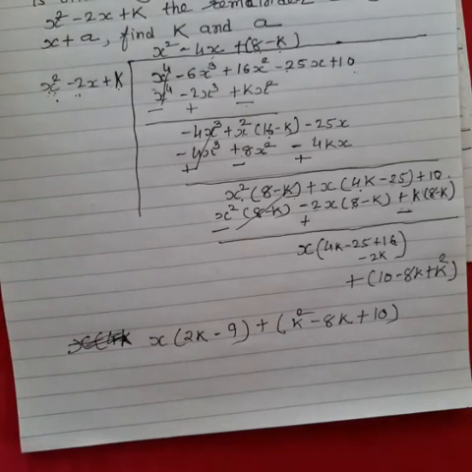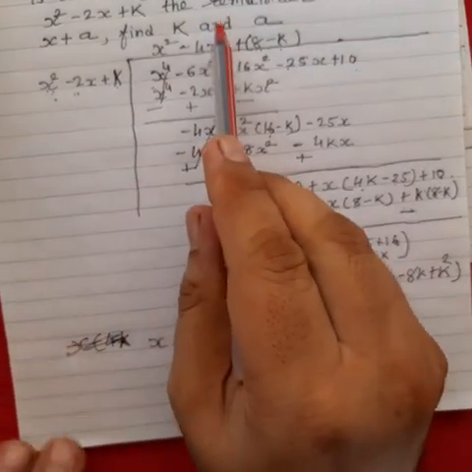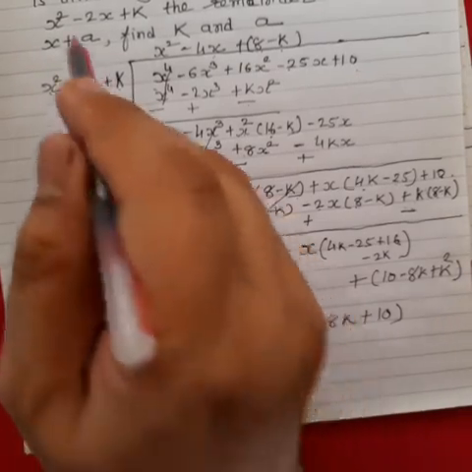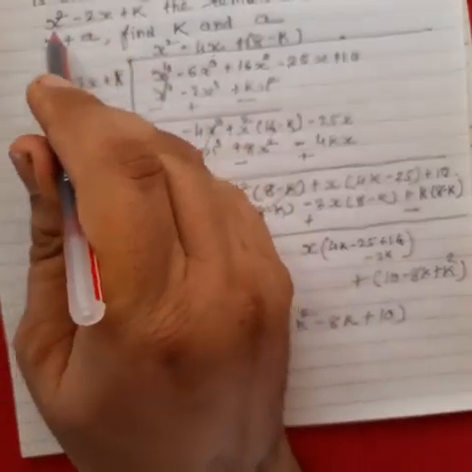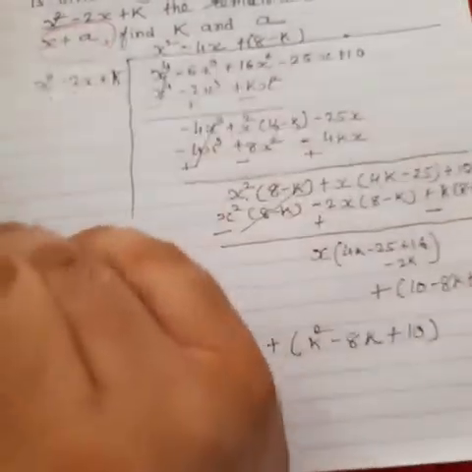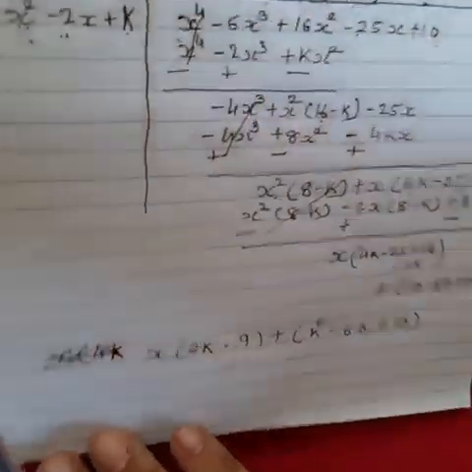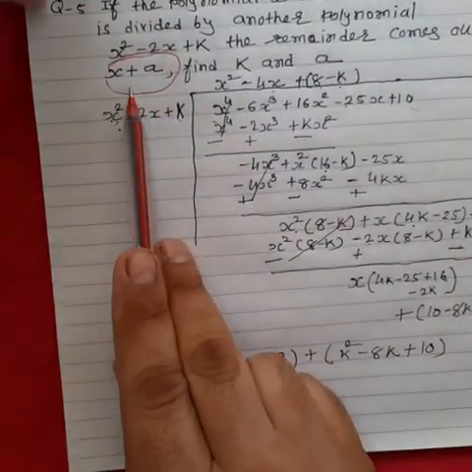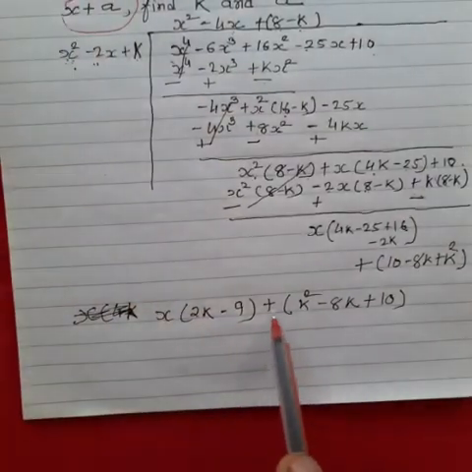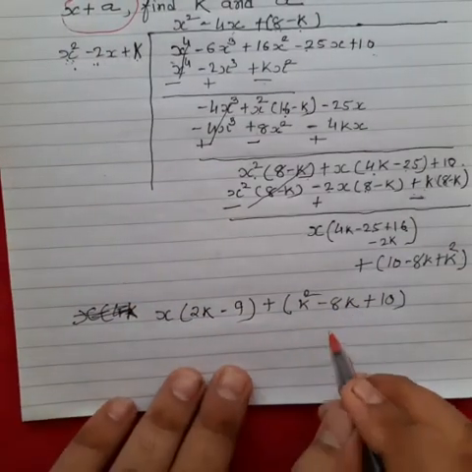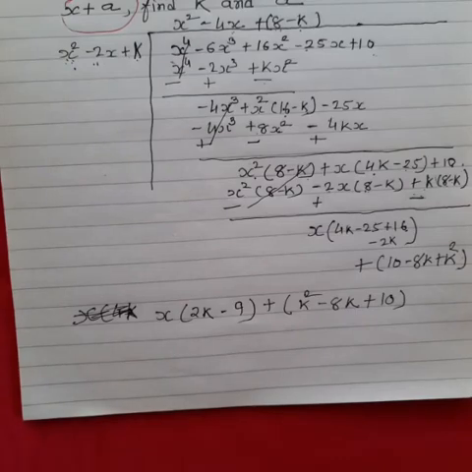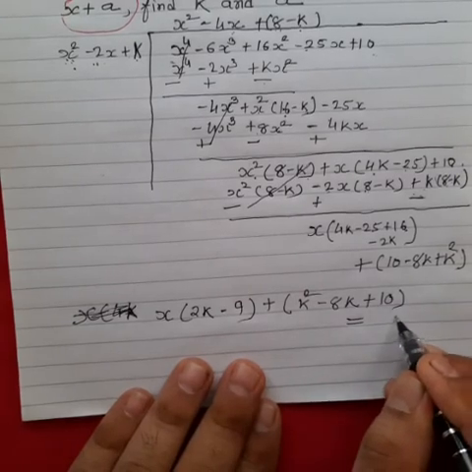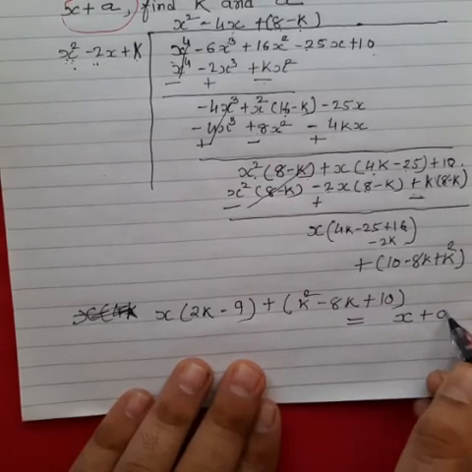Now see the problem sum. The remainder comes out in the form of x plus a. Can you see that here? The remainder is in the form of x plus a. So we have to compare this remainder with x plus a.